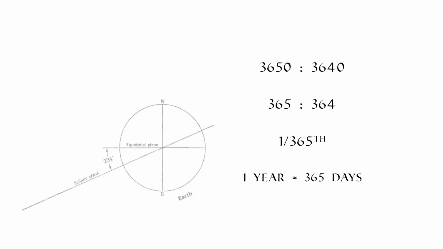1 year, which is divided up into 365 days. Now, Earth goes around the sun on what's called the ecliptic plane, and there is, of course, the equatorial plane. So in the amount of time it takes for Earth to go around the sun once on the ecliptic plane, the equatorial plane will have revolved approximately 365 times.